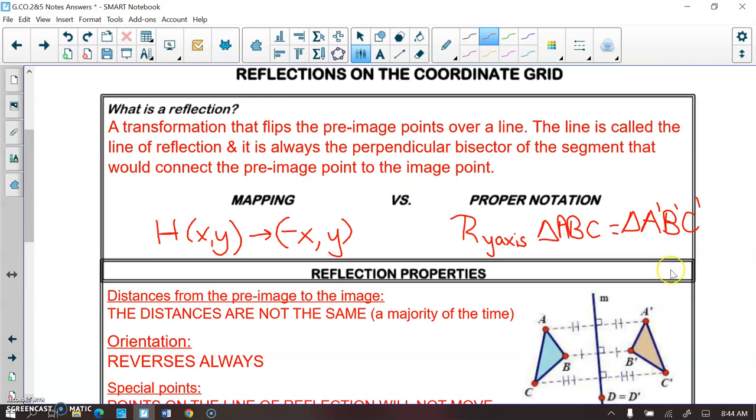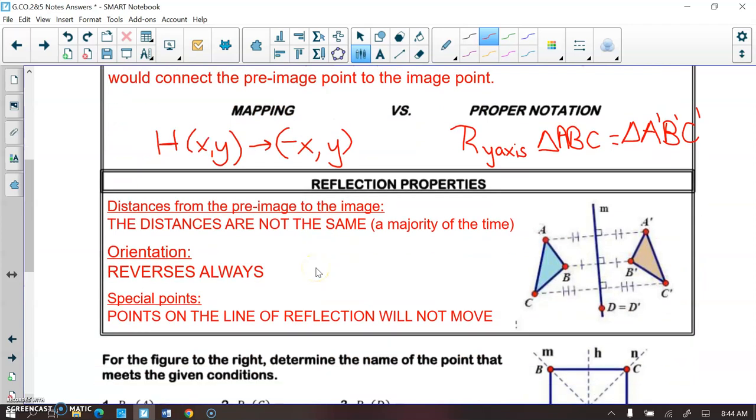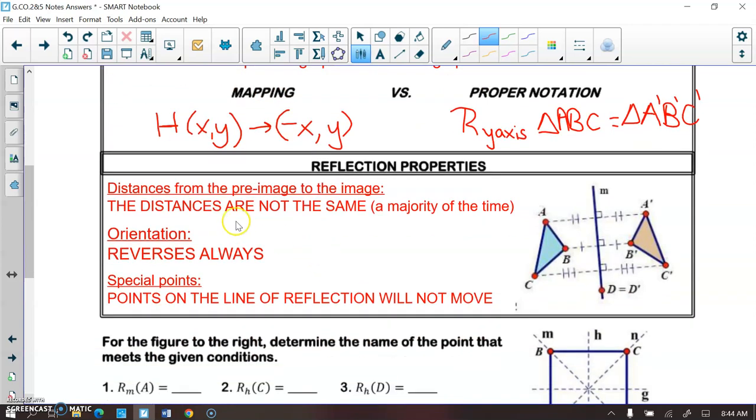All right, so reflections are isometric transformations, so they take on all the isometric properties, but they also have their own properties. Typically, the distances from the pre-image points to the image points are not the same. For example, A to A prime is not the same distance as B to B prime.